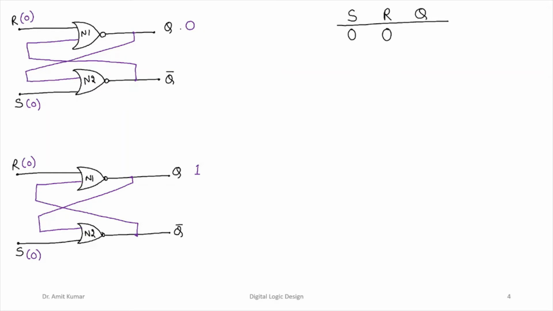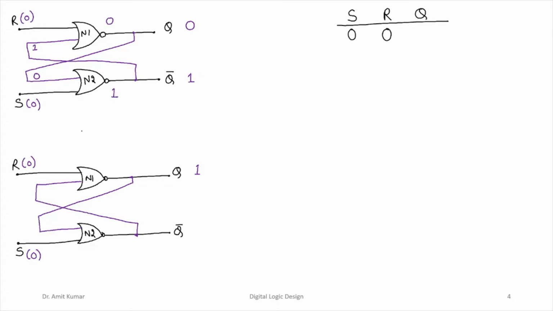If previously, let us say Q is a 0, this Q bar is going to be 1. So if this is a 0, then from this feedback mechanism, it will be made available to this particular input of the N2 gate. This one will be made available to the input of this particular N1 NOR gate. So 0 NOR 1 is going to be a 0. If you look at 0 NOR 0, it is going to be a 1.